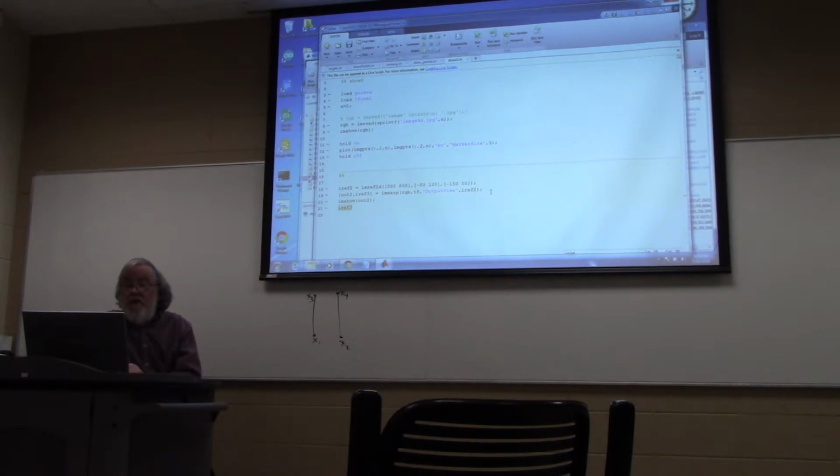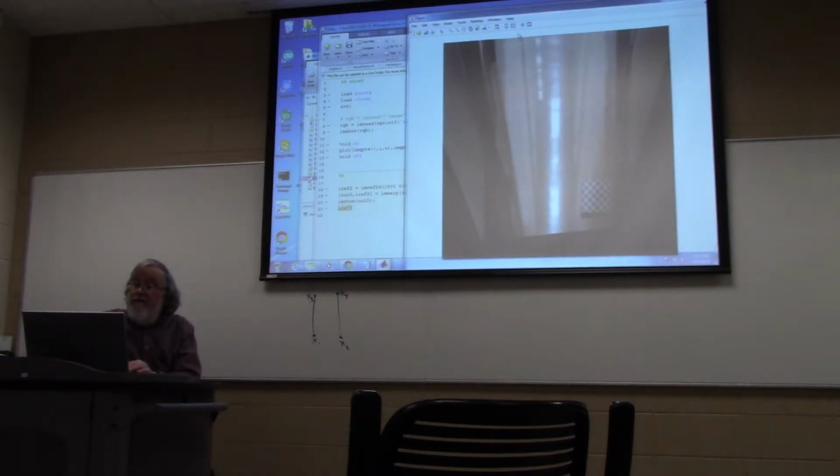Instead we're going to use the same T-form that we did from the first image and change the reference a little bit. And we get that.